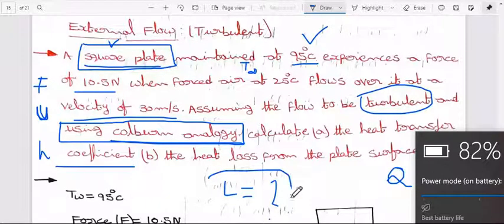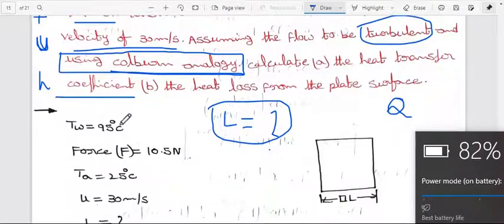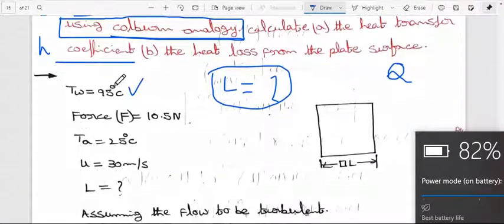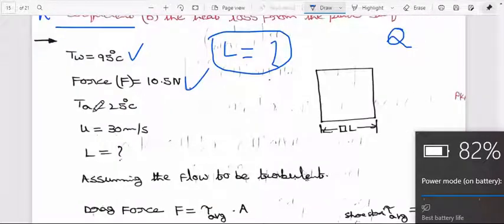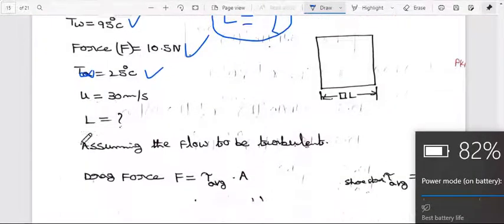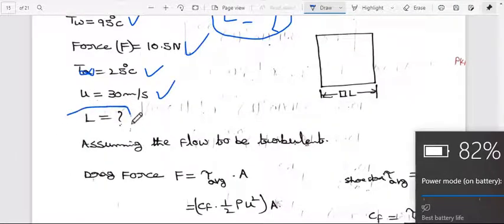Now we need to calculate the length of the plate from the given data: Tw equal to 95, force equal to 0.5, T infinity the fluid temperature, and the U value. We need to calculate the L value because we can then calculate the h value and the Q value. In the Nusselt number formula, h L by k.